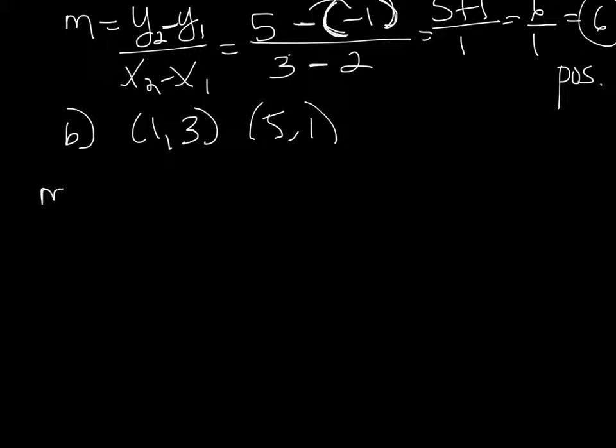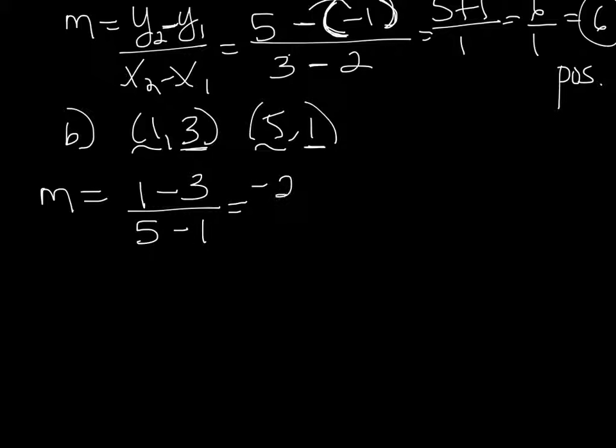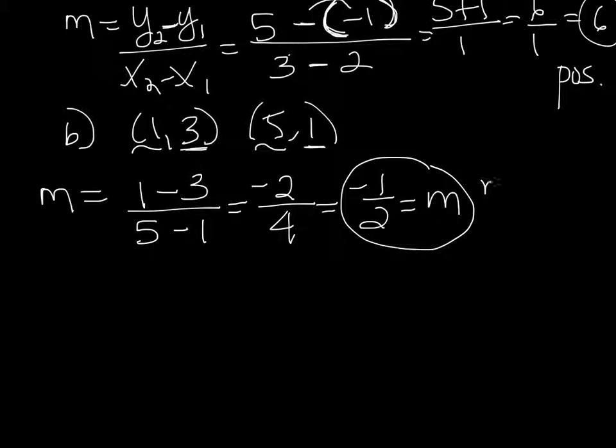So let's calculate the slope for this line. y2 minus y1 over x2 minus x1, and I get -2 over 4, which is just -1/2. This is my slope, which obviously is negative, so my line should be decreasing.